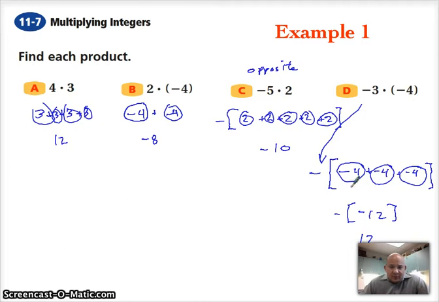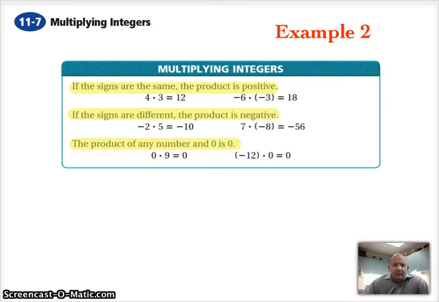On the next screen, you'll see the shortcuts that will help you determine what is positive and what is negative in terms of products. I want you to copy this down. Multiplying integers. 3 things.